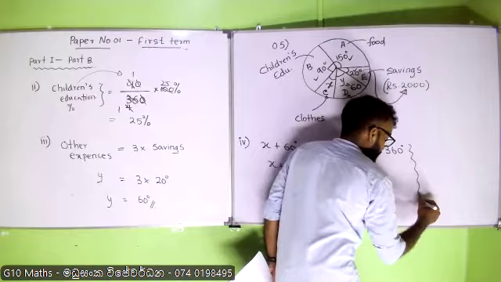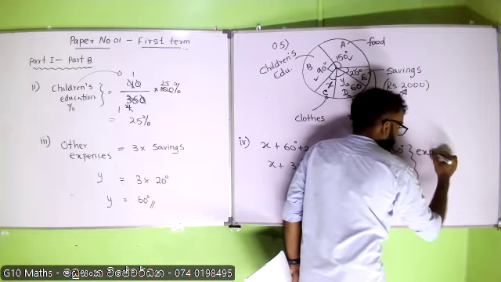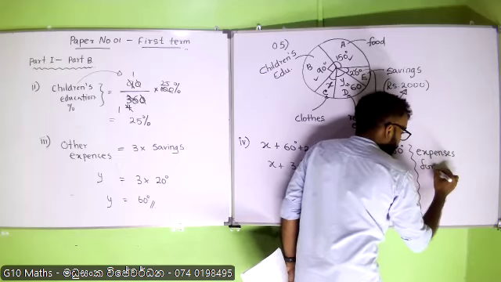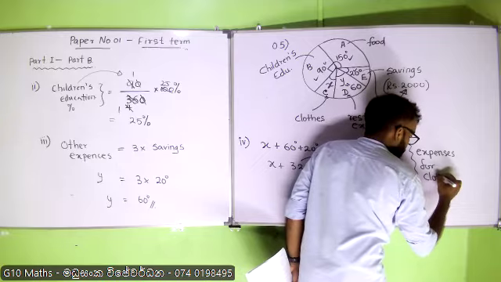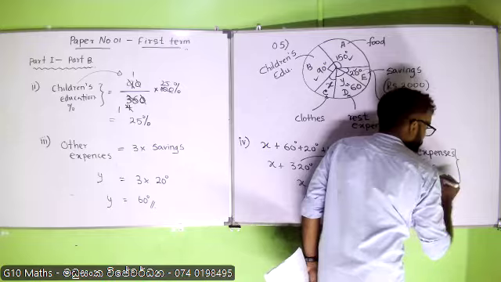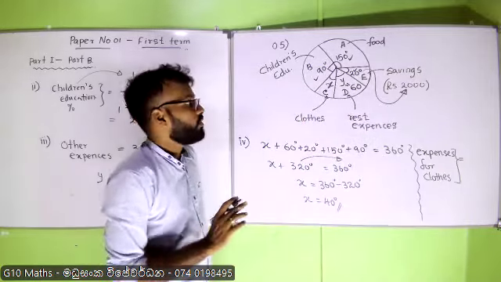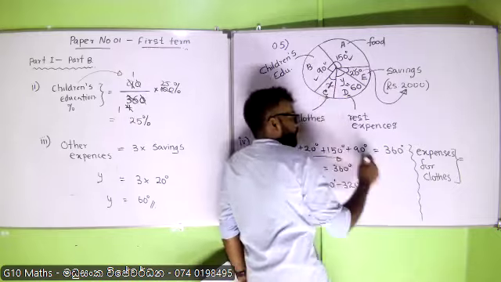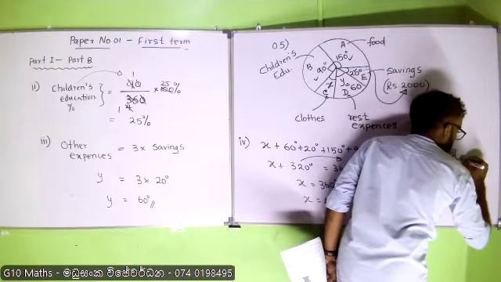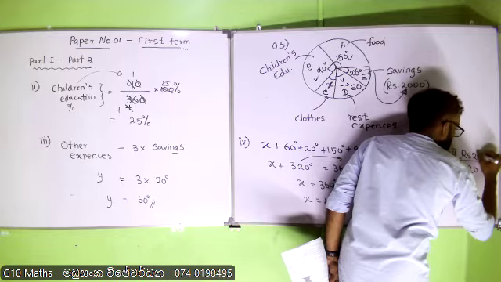Expenses for clothes equals: per 20 degrees it represents 2000 rupees.